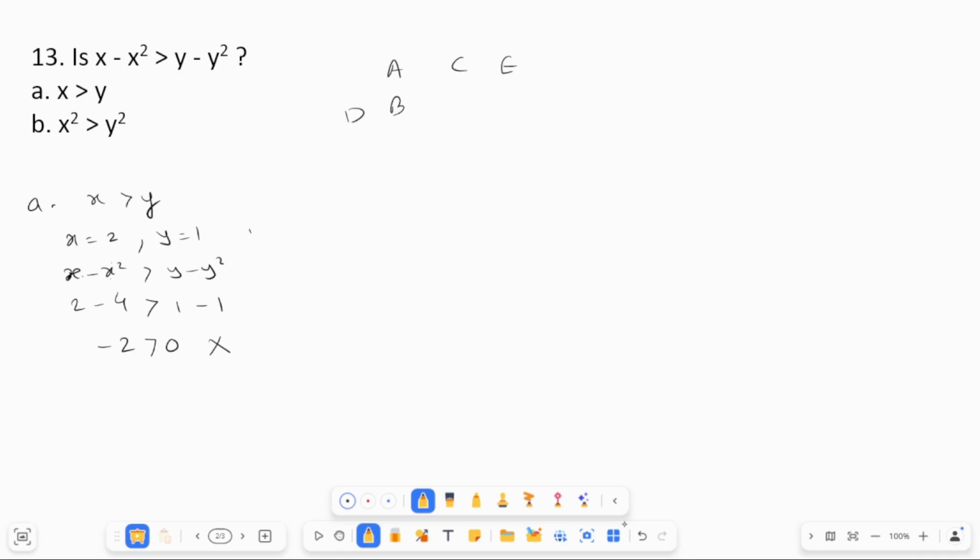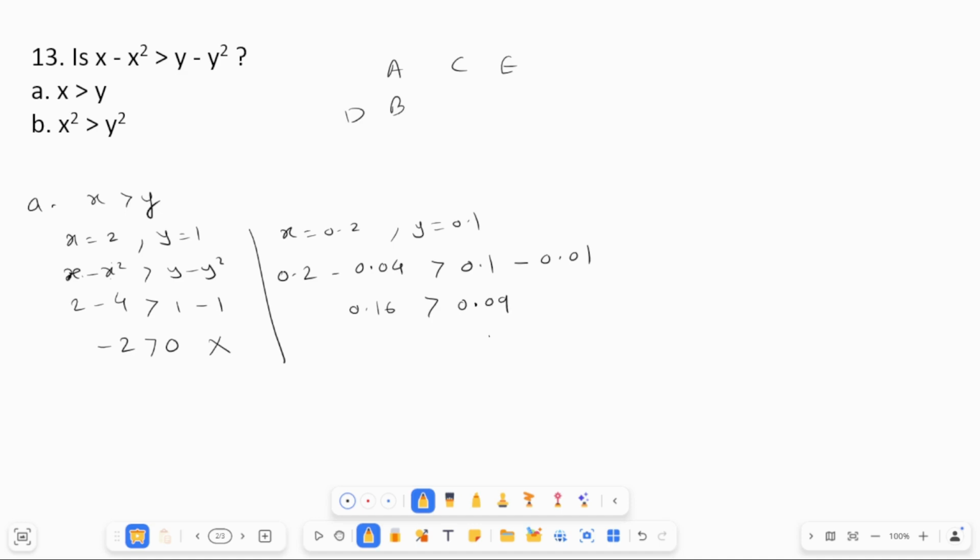But what if I take x is equal to 0.2 and y is equal to 0.1? Then what will happen? x, which is 0.2, minus 0.2 square, which is 0.04, greater than 0.1 minus 0.01. The subtraction of these two numbers will be 0.16 greater than 0.09.